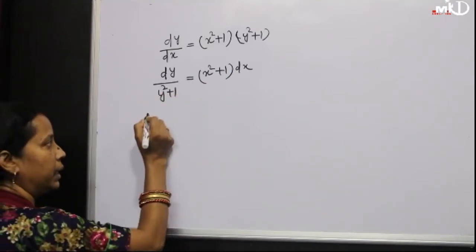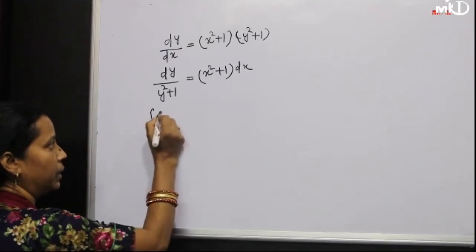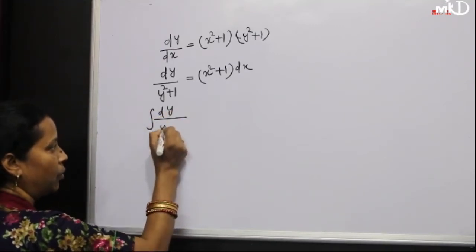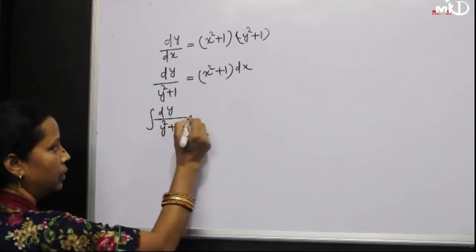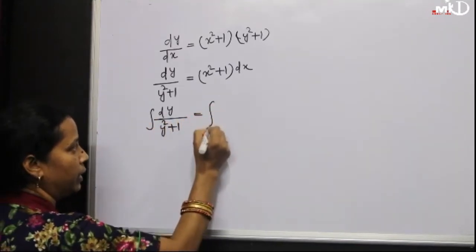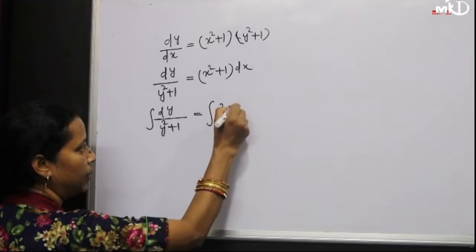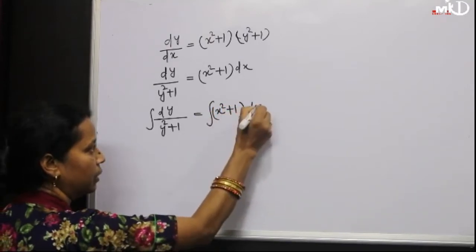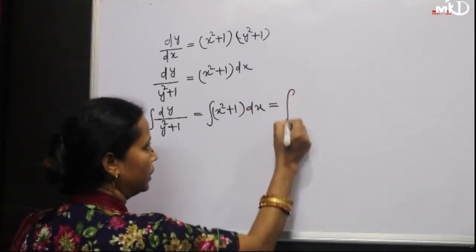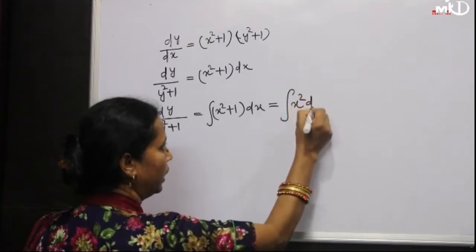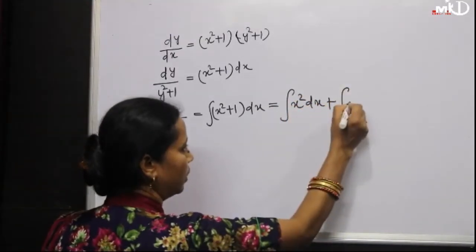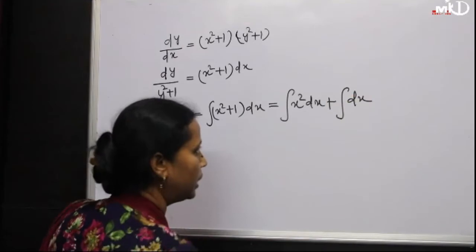Now integrate both sides, we find the integration of dy by (y square plus 1) is equal to the integration of (x square plus 1) dx. That is the integration of x square dx plus integration of 1 into dx, that is dx.